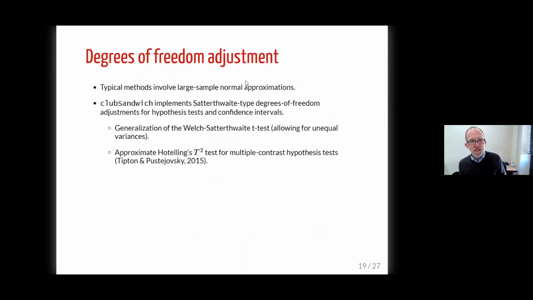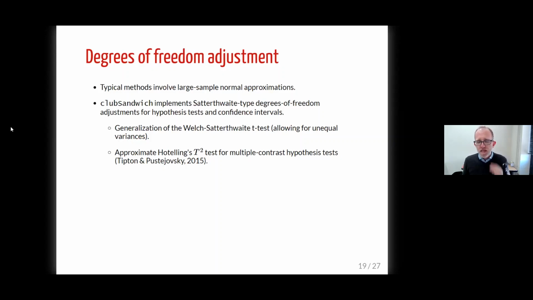The other is a degrees of freedom adjustment. So to this point, I've been demonstrating hypothesis tests that use large sample z-tests or normal approximations. clubSandwich also implements what's called a Satterthwaite degrees of freedom adjustment for hypothesis tests and confidence intervals.